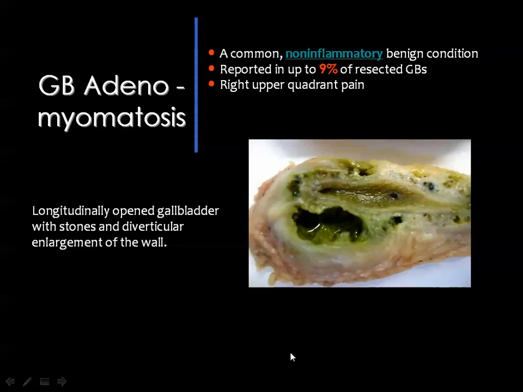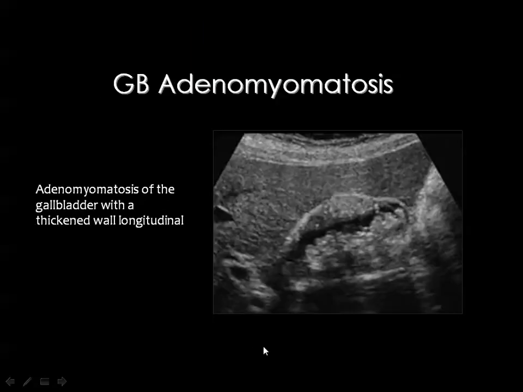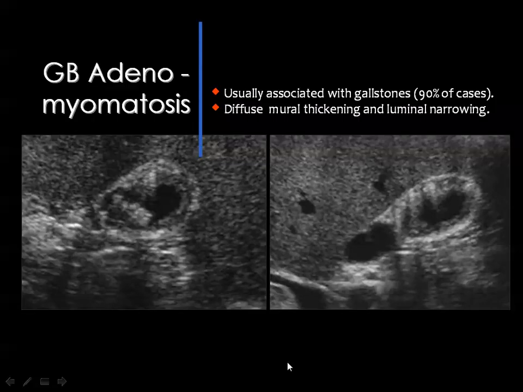And the main issue of this pathology is diffuse thickening of the gallbladder wall, encroaching on the gallbladder lumen with multiple cystic changes in the thickened wall. And this is the appearance by ultrasound. This is the gallbladder, and you can see marked thickening of the gallbladder wall, significantly encroaching on the gallbladder lumen.